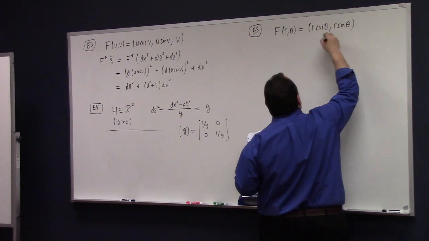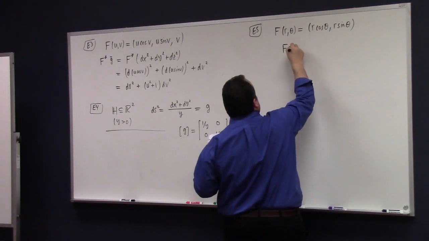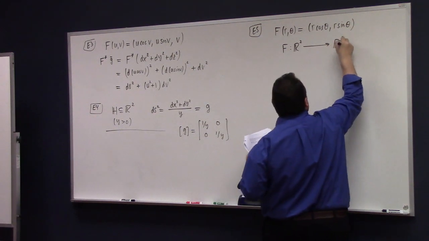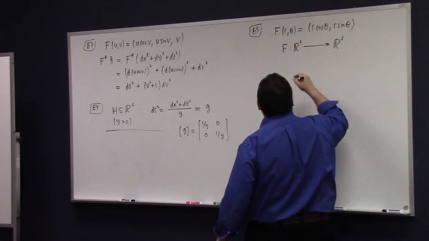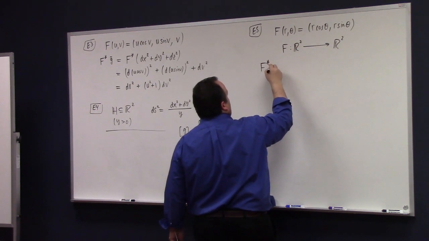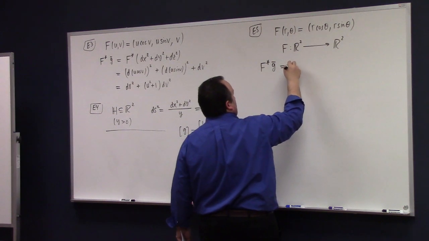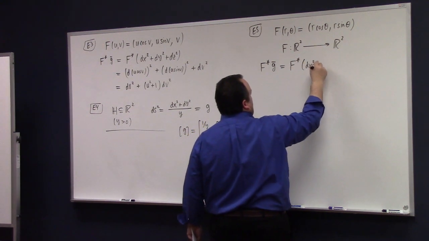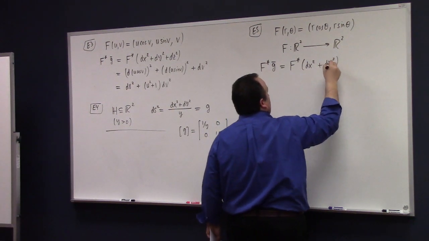So f is just a mapping from R2 to R2. If we pull back, sorry to be so boring, let's pull back the G bar again. So we're looking at the pullback of dx squared plus dy squared once more.